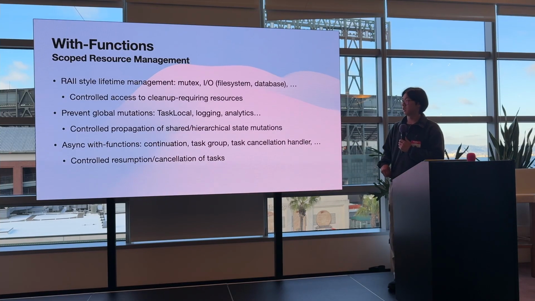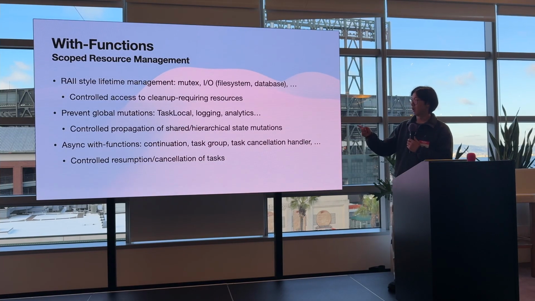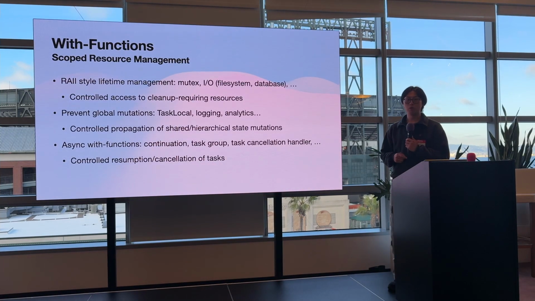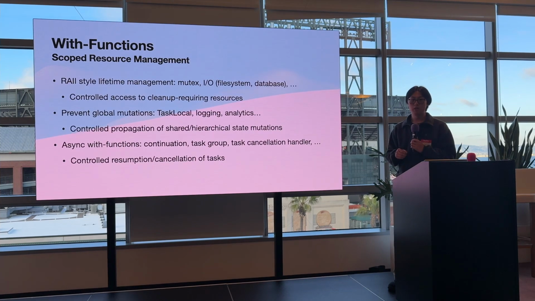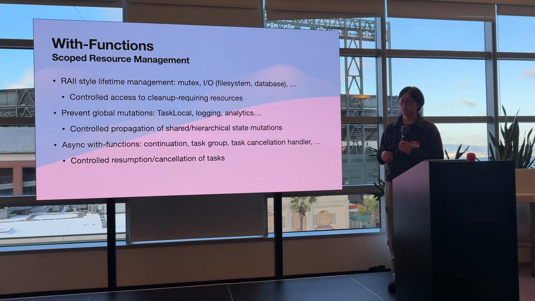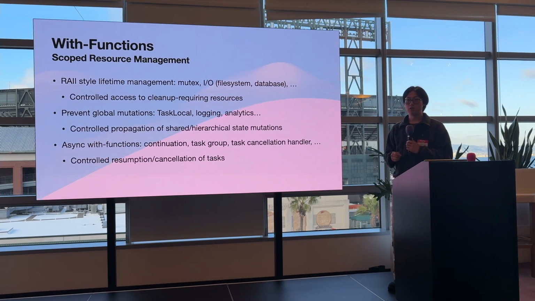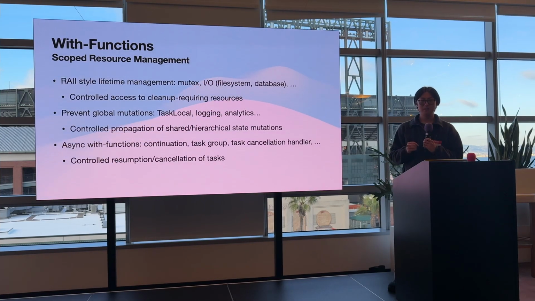The second one is preventing global mutation. We can see this idea in the example of task local, or if you want to create a logging or analytics system, and you want to have a base level of logging that you can share everywhere, but change the logging level in some confined scope. And if you're doing analytics, you can share the same base owner as a company.